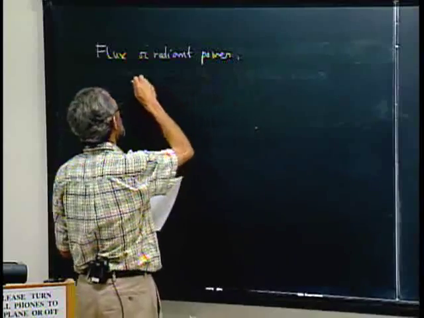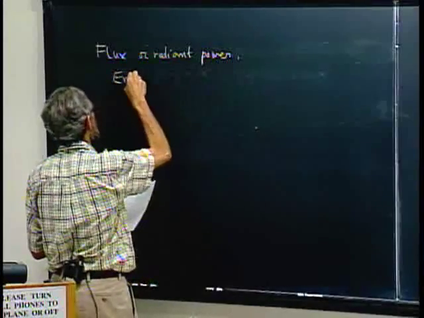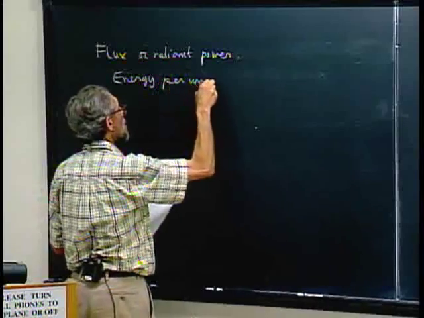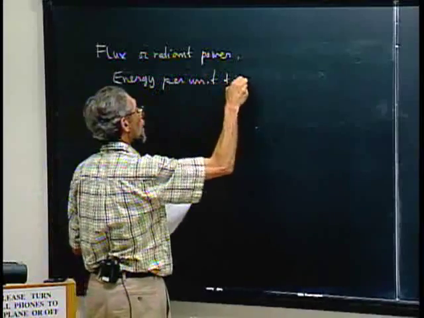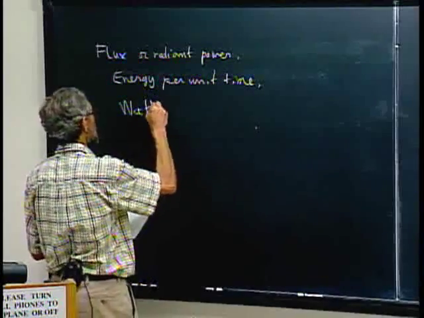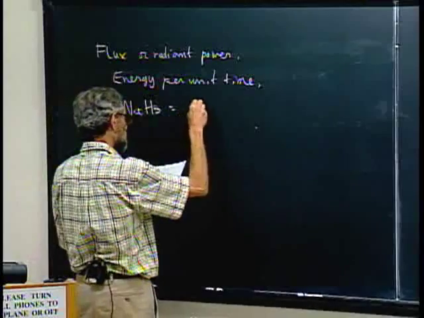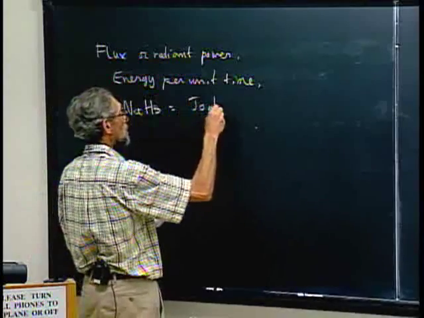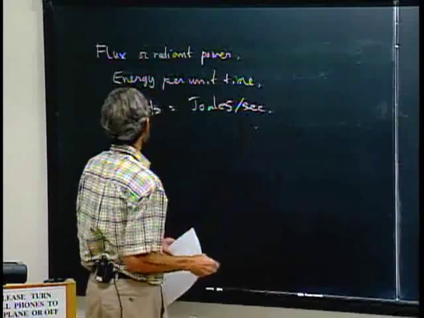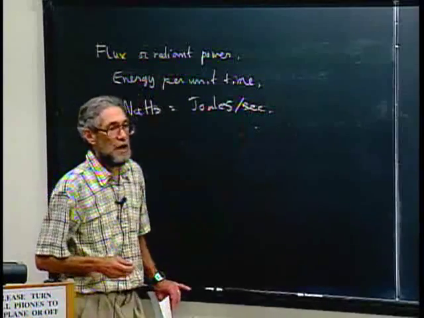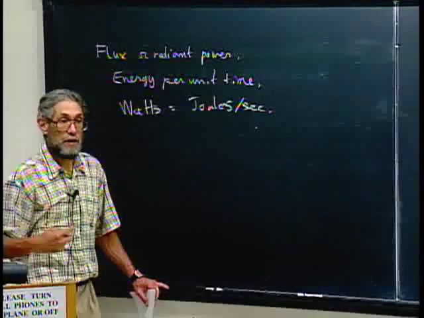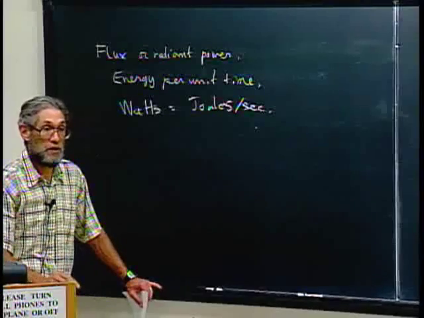So power is energy per unit time. Say it's measured in watts, which is joules per second, where joules is a unit of energy. And the idea is the energy we're talking about is the energy of photons flowing as light energy.